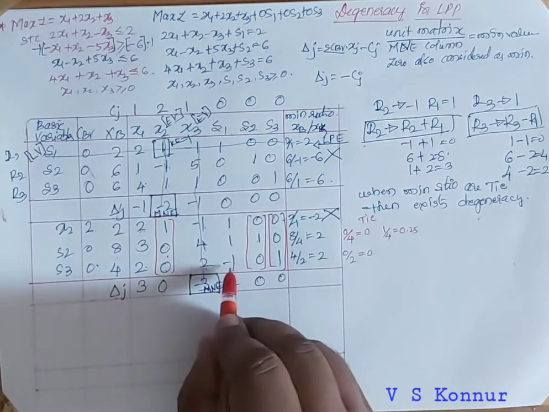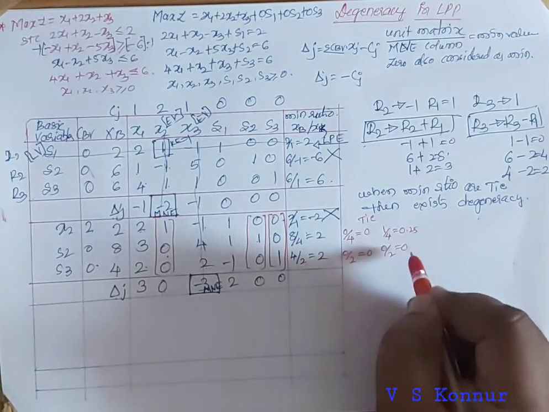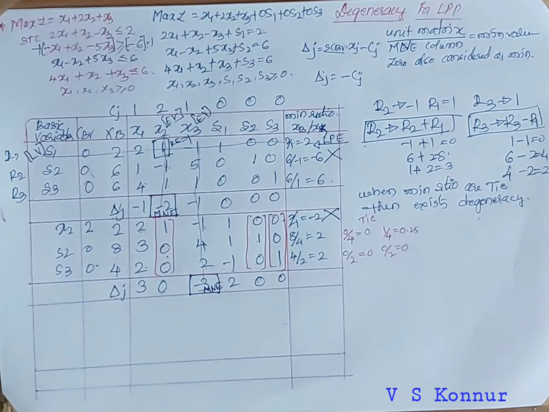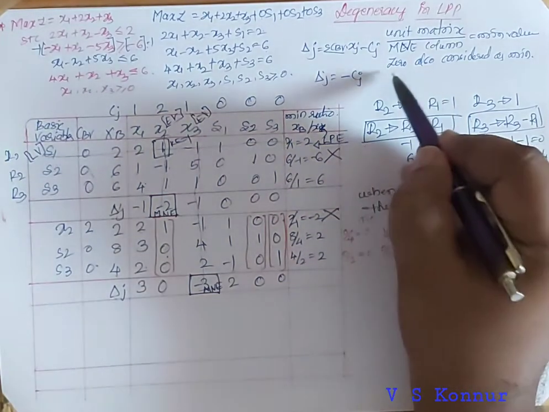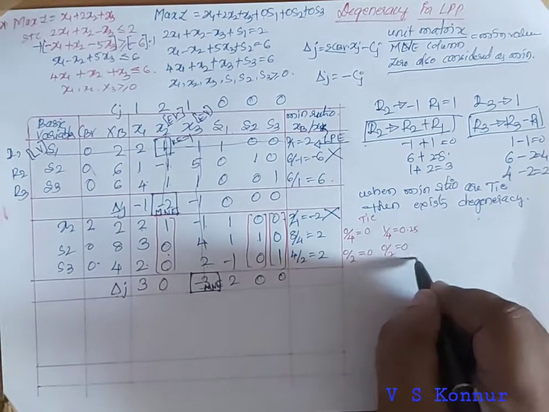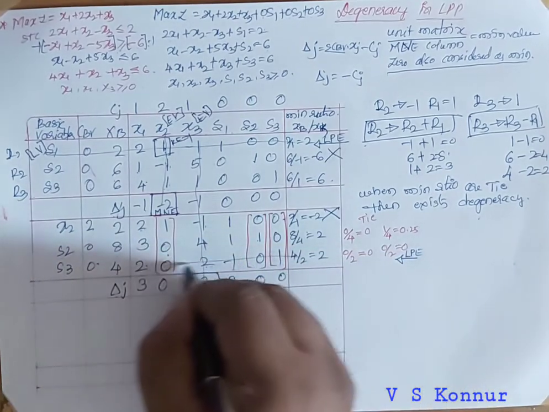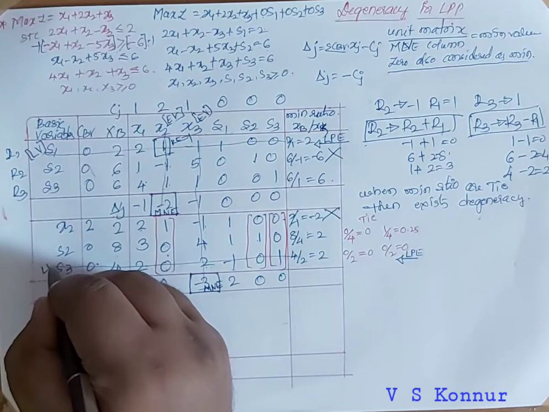Next here 0 by 2, that is equal to 0. Now in this degeneracy, 0 is also considered as a minimum value. Because of that this will be considered the least positive element. So this least positive element is called the leaving vector.